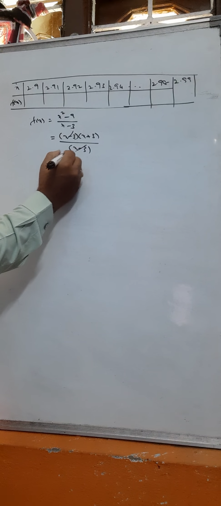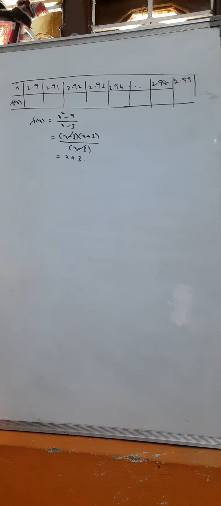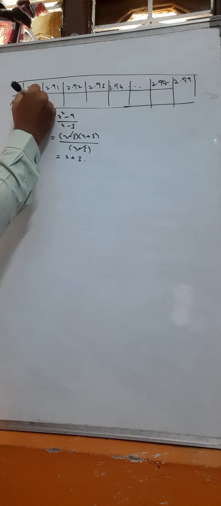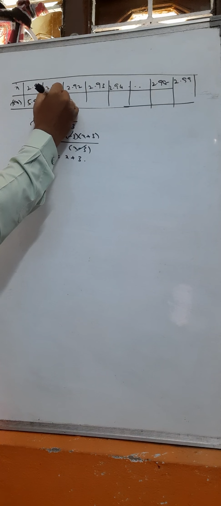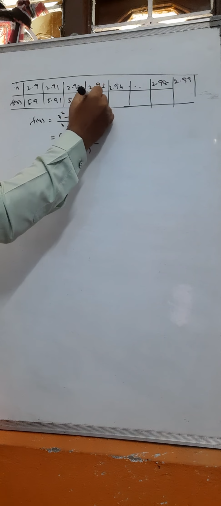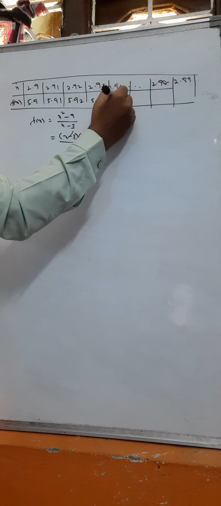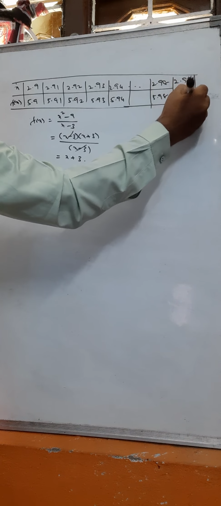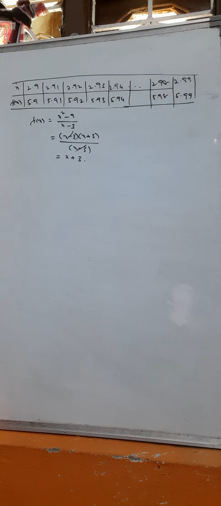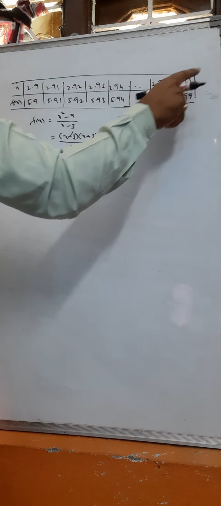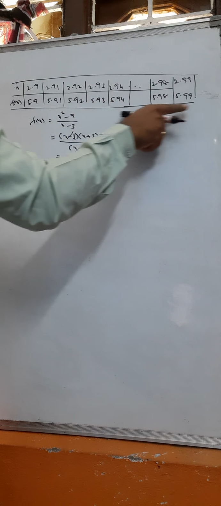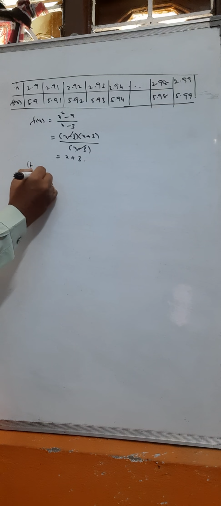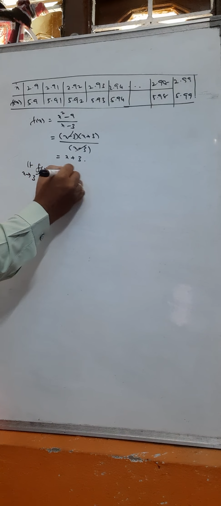The x minus 3 terms cancel, that is x plus 3. Now 2.9 plus 3 is 5.9, then 5.91, 5.92, 5.93, 5.94, 5.98, 5.99. So it will be continuous. When x approaches 3, automatically f of x approaches 6. So from this we can say that limit x tends to 3 minus f of x is equal to 6.